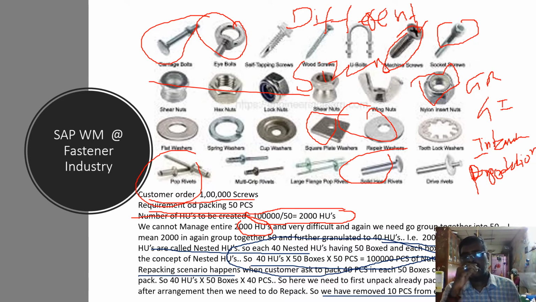Once the requested sales order delivery date comes, the system checks the assignment between the handling unit and the sales order. Now the system will pick the 40 nested HUs instead of 1 lakh pieces and create the transfer order for the same.